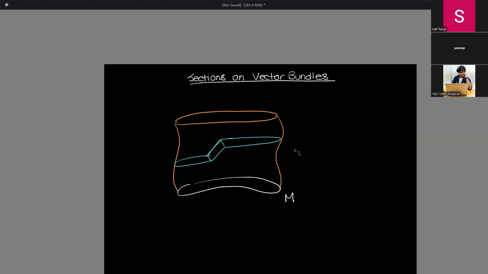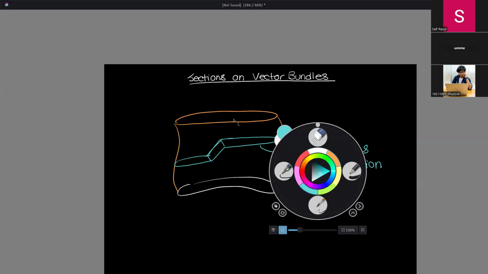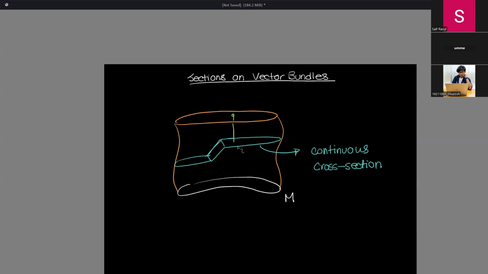So you could say that this is a continuous cross section, kind of the idea of a cross section. So this kind of informs our idea of what a section on a vector bundle is going to be. So let's again take one of the fibers and notice that this fiber will intersect with this section at some point, right?